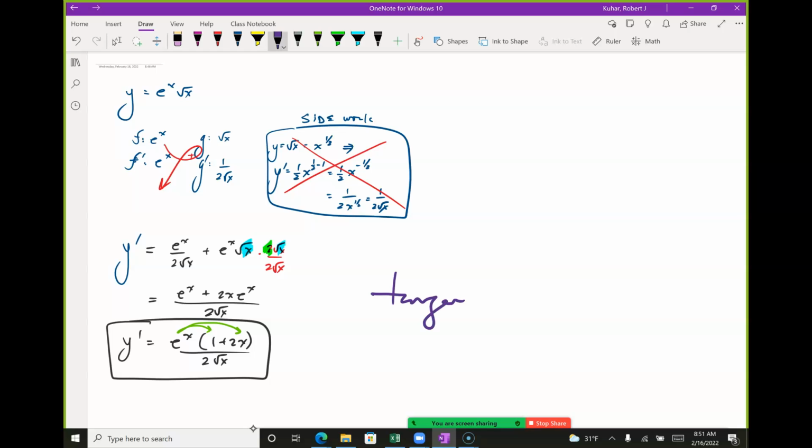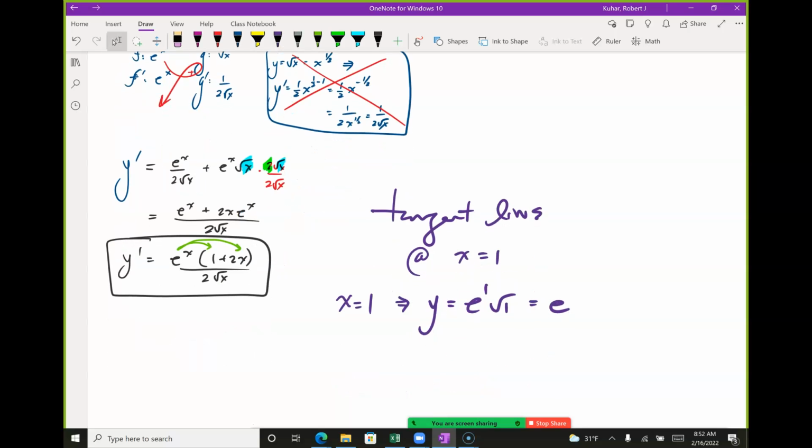Yes, exactly. So let's do a tangent line at x equals 1. What do I need? I need a y value and I need a slope. If x equals 1, then y equals e to the 1 times square root of 1, which is just e.